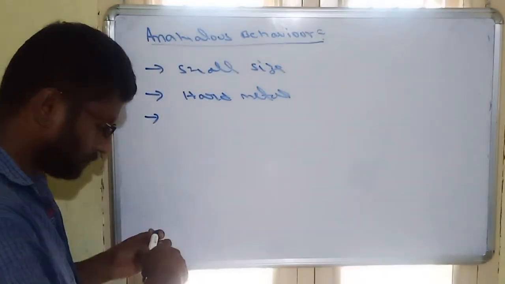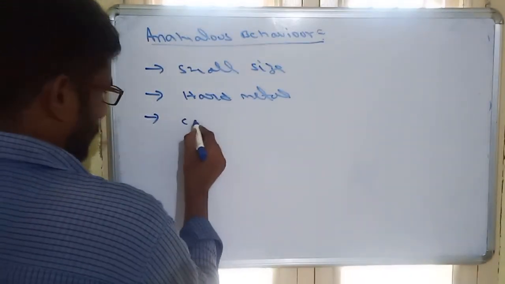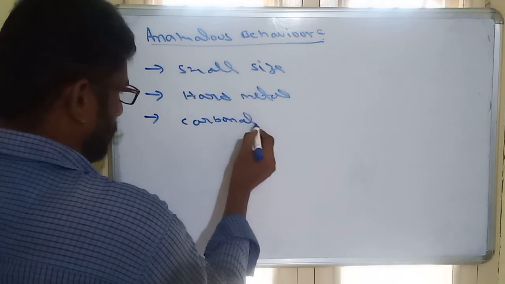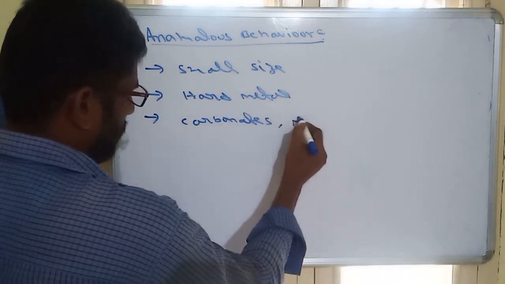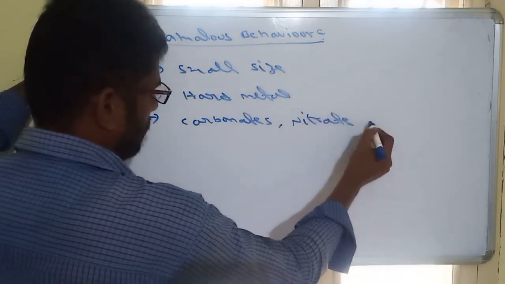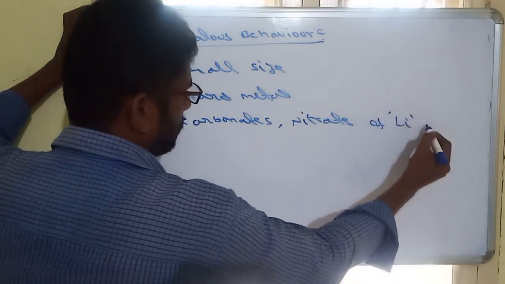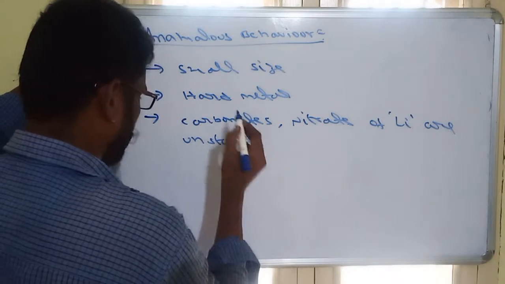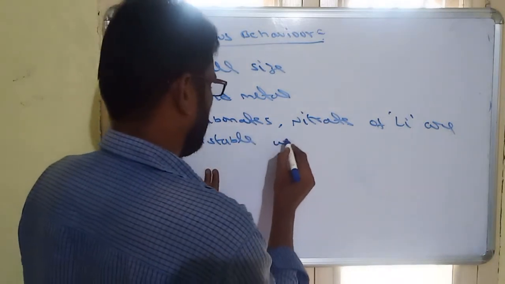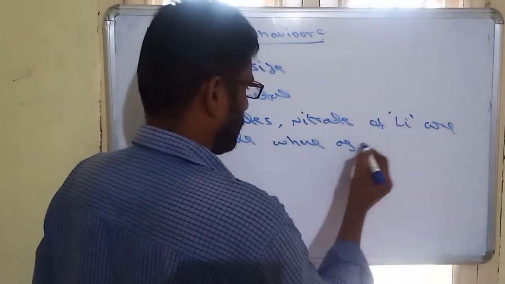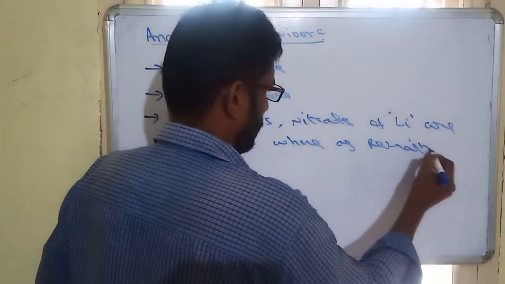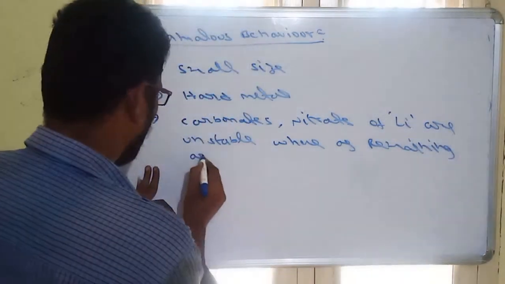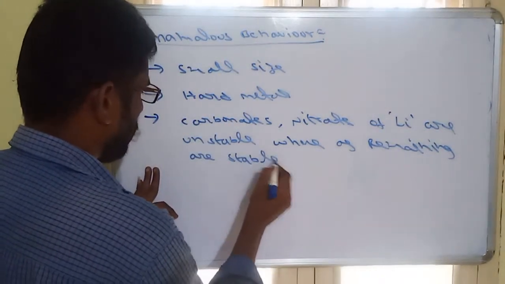Similarly, carbonates and nitrates of lithium are unstable, whereas the remaining are stable.